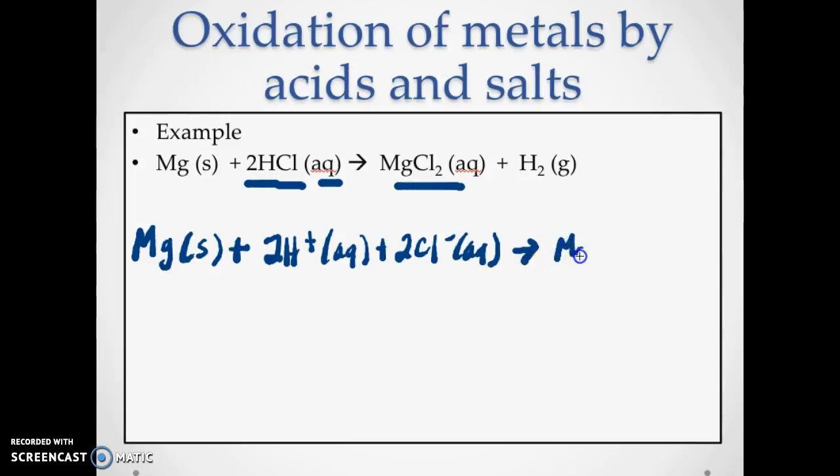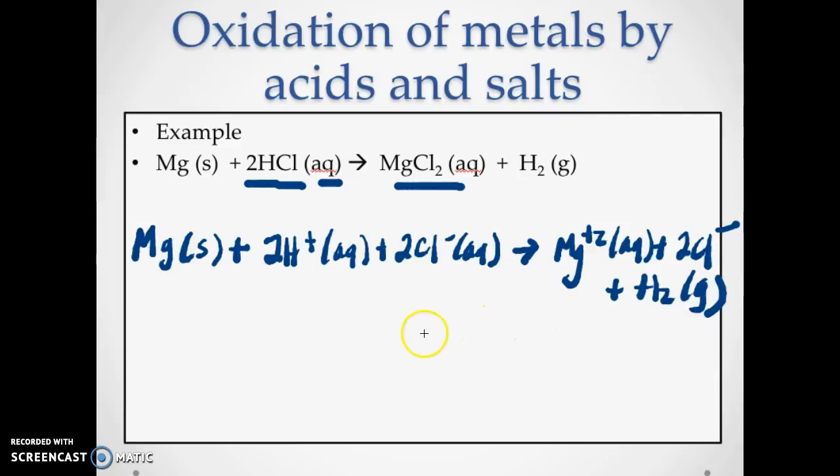So Mg plus 2 aqueous plus 2 Cl negative aqueous plus H2 gas. We don't separate that because a gas doesn't separate.